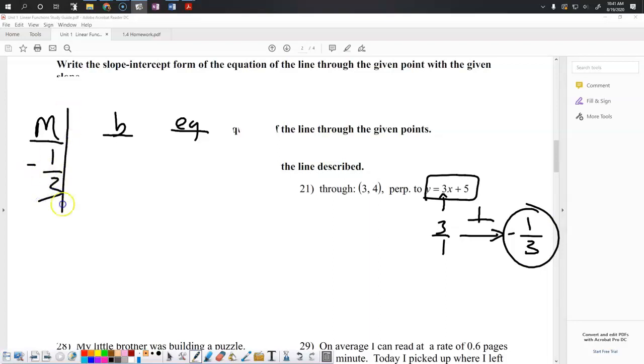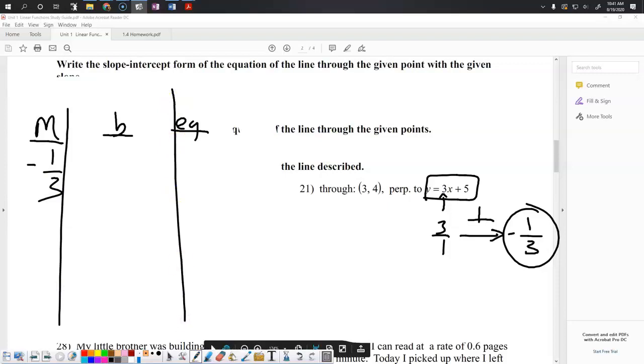Now to find the b value, the rest of it's really no different at all. That's mainly the main step there. So when you do perpendicular, you do the negative reciprocal slope. So here's my x, here's my y. That's the point that my line needs to go through. So we'll plug in the 4 for the y. We'll plug in the negative 1/3 for the m. And we'll plug in the 3 for the x.